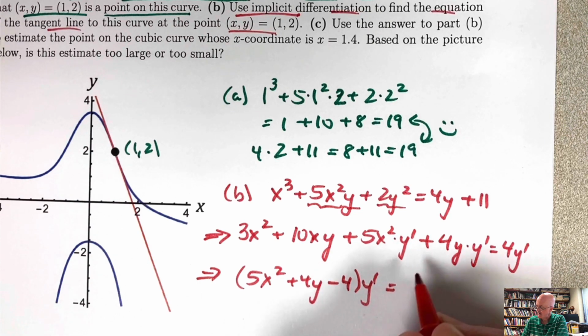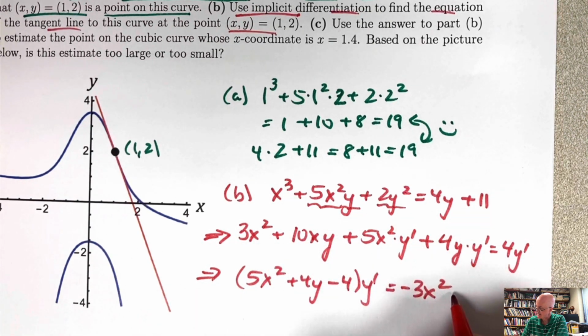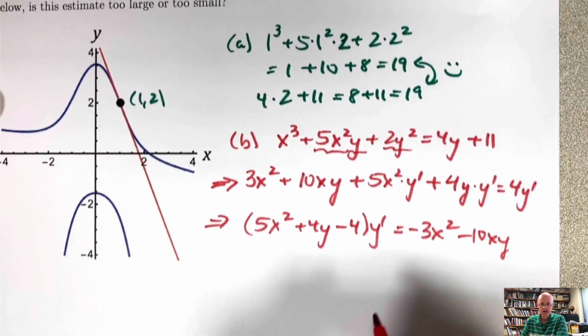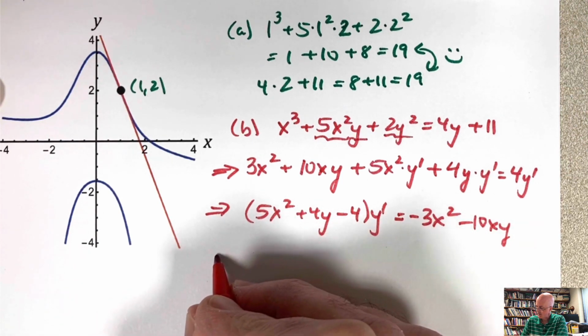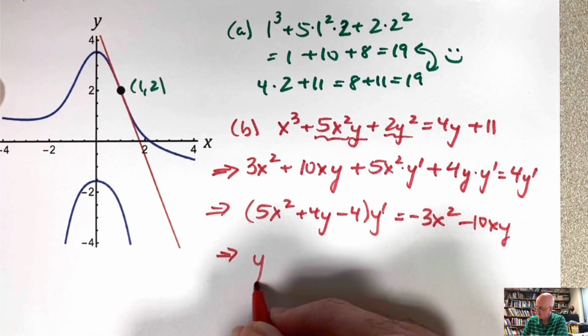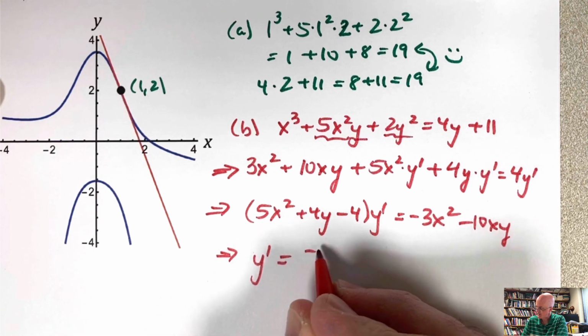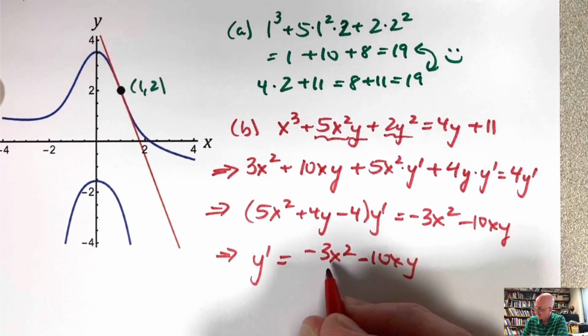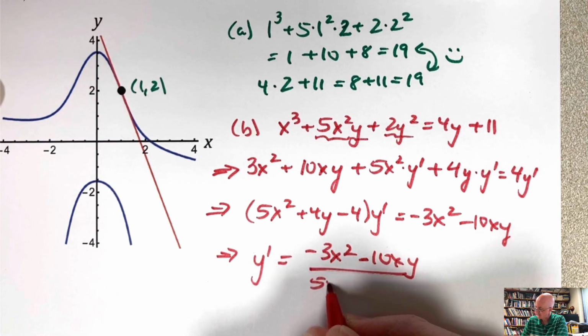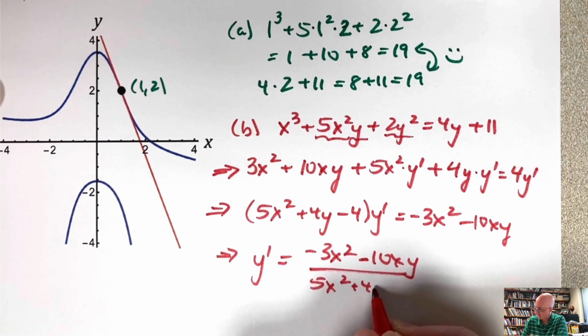And on the right, I'll subtract 3x squared to get negative 3x squared, and I'll subtract minus 10xy. And now just divide both sides by 5x squared plus 4y minus 4. So y prime is going to be, in general, negative 3x squared minus 10xy all over 5x squared plus 4y minus 4.